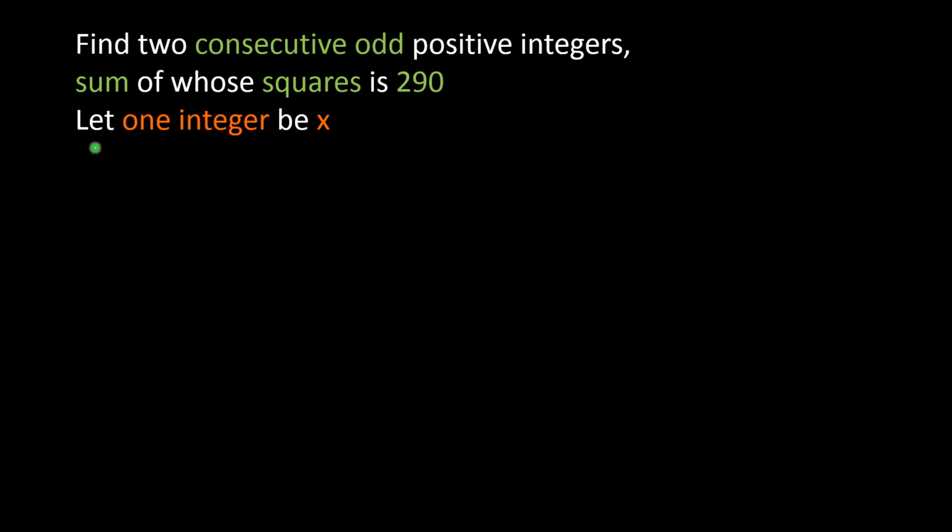So we will start with assuming one of the integers to be x, so that the other integer will be either x plus 2 or x minus 2, because we have seen consecutive odd integers differ by 2.